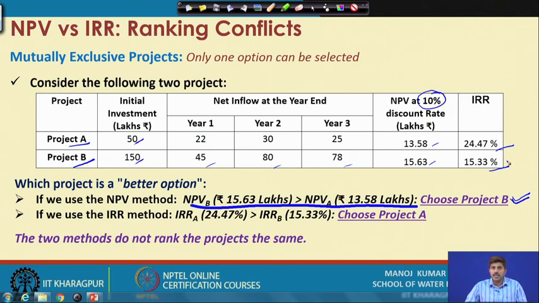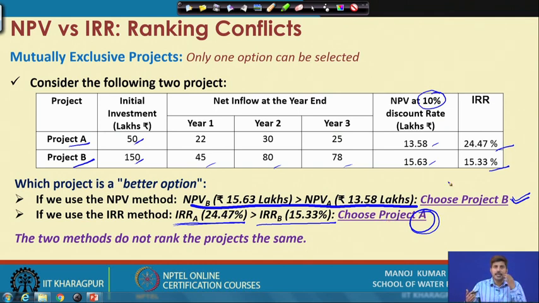So, here I see that the return on project A, or IRR of project A, is higher as compared to IRR of project B, and this tells me that I should be going for project A. I should prefer project A over project B. Now, these two approaches are giving me conflicting results. Okay. So, they do not rank the projects the same. NPV is ranking B preferable to A, whereas IRR is ranking A preferable to B based on the NPV and IRR values.